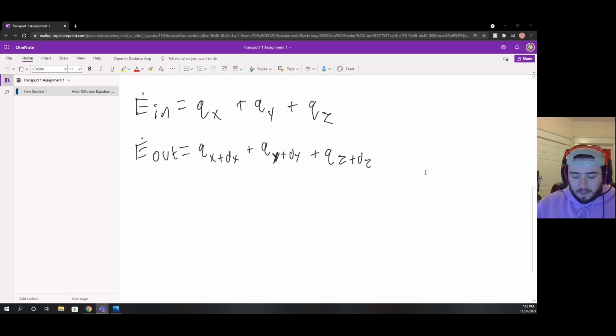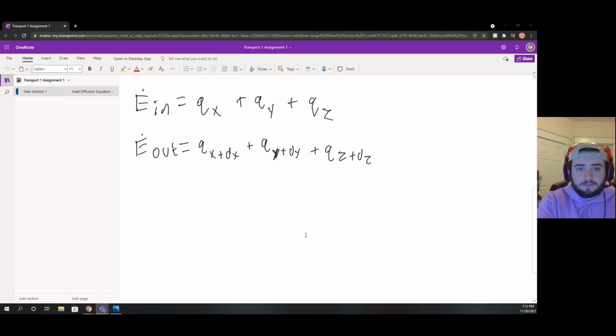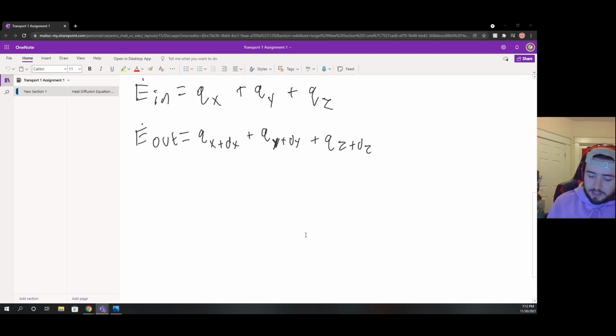So for energy in, we can break down Qx into the area times the heat flux, and that can be broken down further.